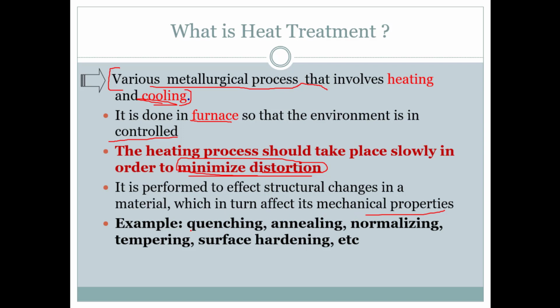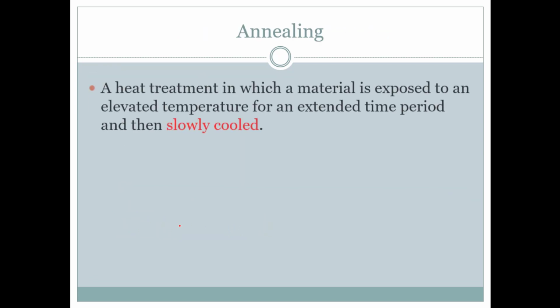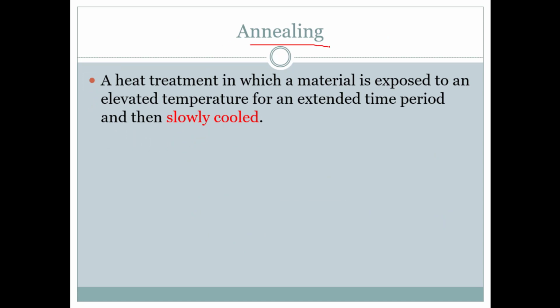Examples of heat treatment are quenching, annealing, and normalizing. In this experiment we'll see quenching, then annealing, and normalizing. Also we have tempering and surface hardening. Annealing, what do we mean by annealing? We have annealing if we are doing very slow cooling.